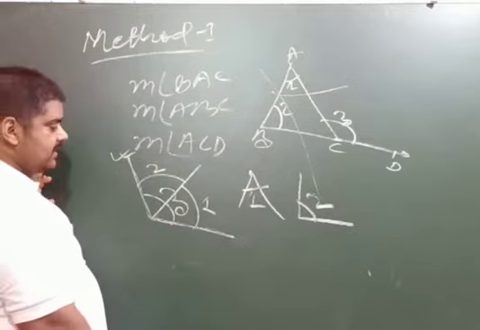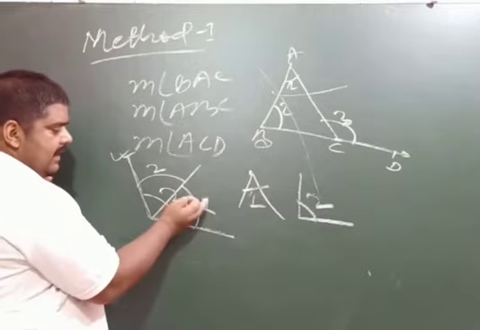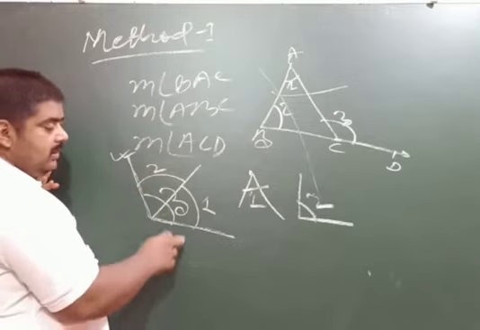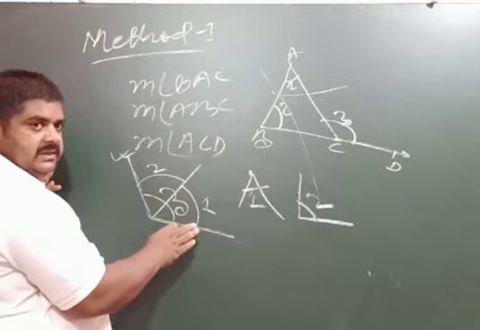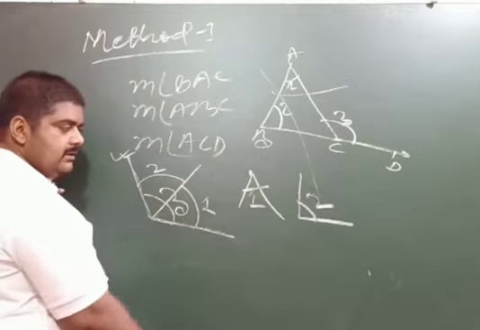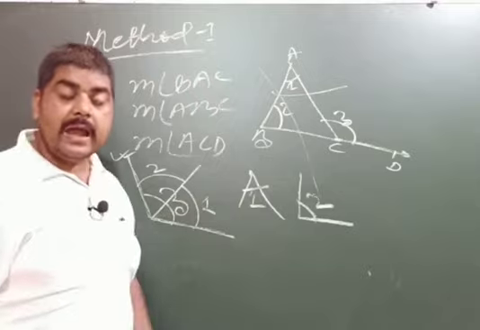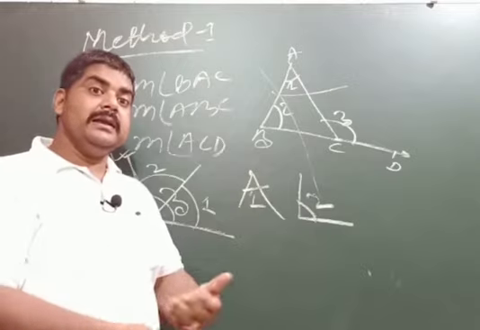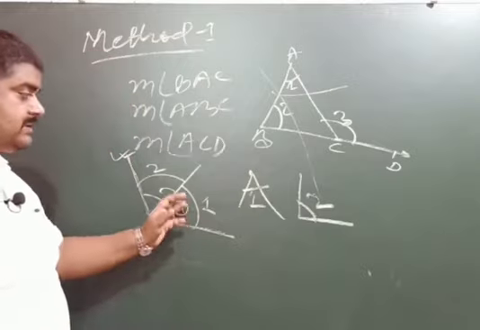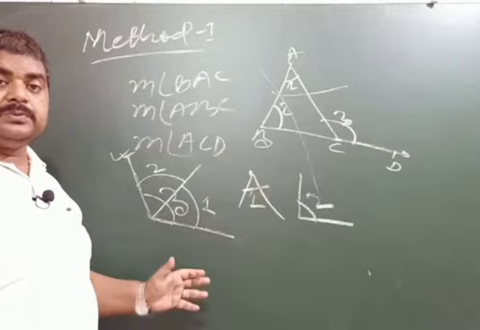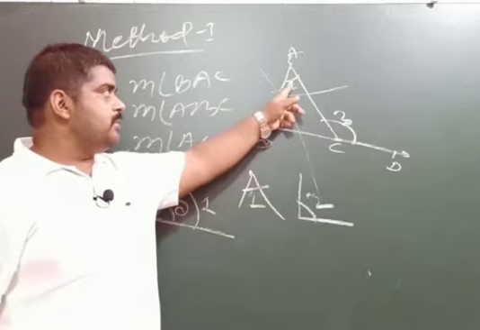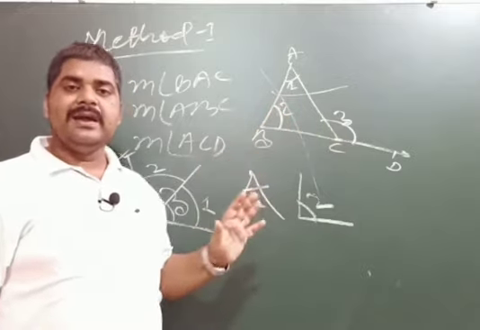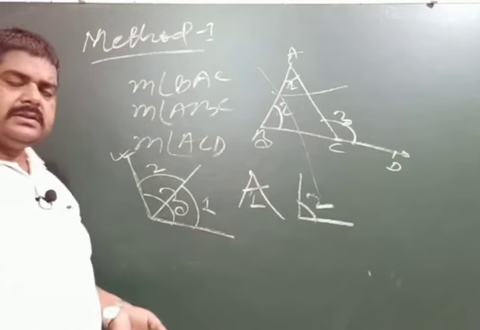This proves that angle 1 plus angle 2 is equal to angle 3, because 1 plus 2 completely cover the third angle. This is the second method, the math lab or laboratory method, generally used in laboratories to prove that the sum of the two interior opposite angles is equal to the exterior angle. So you may use the second method also.